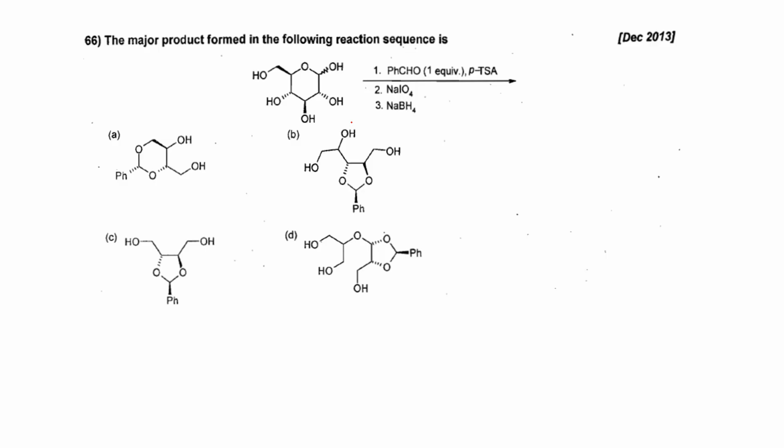In the next step, they have given NaIO4, which will lead to a ring cleavage, and after that they have given a reducing agent. Just give it a try, then we will solve together.